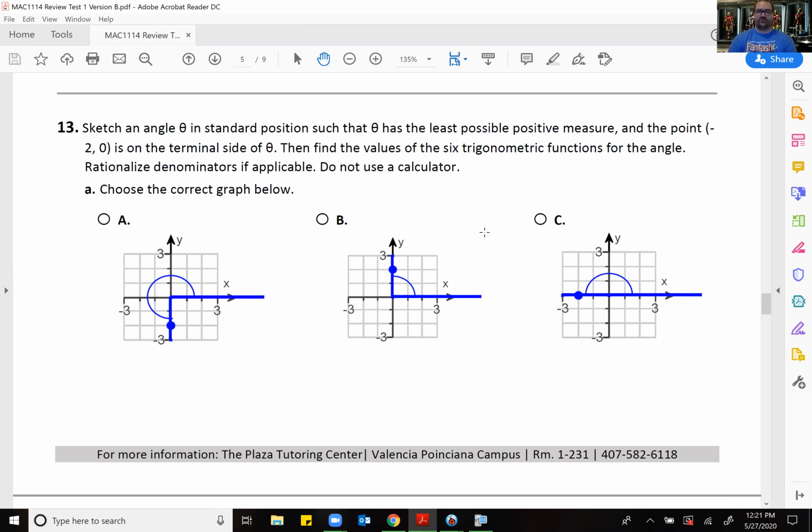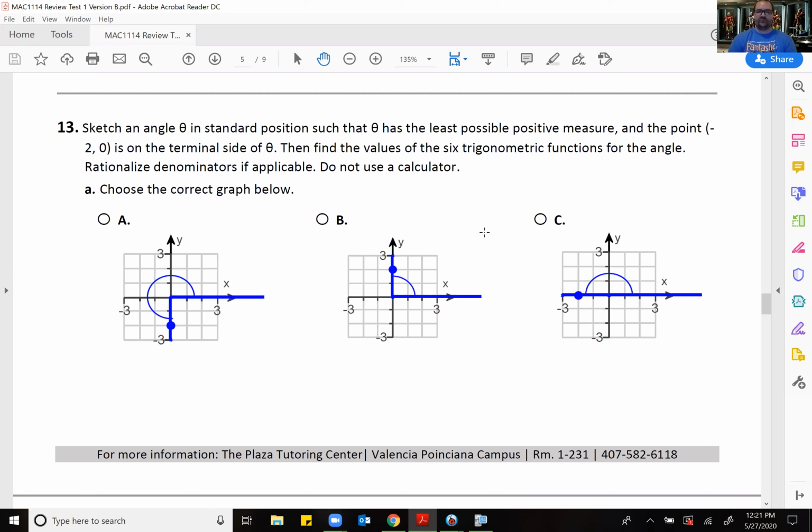All right. So in order to find our values up here, we need to find the radius. We need r. And there's a formula. The radius is equal to the square root of x squared plus y squared.